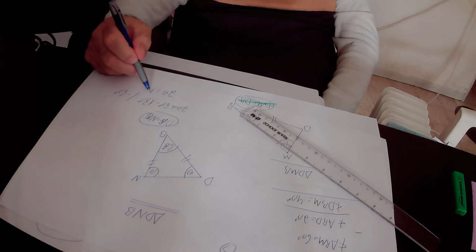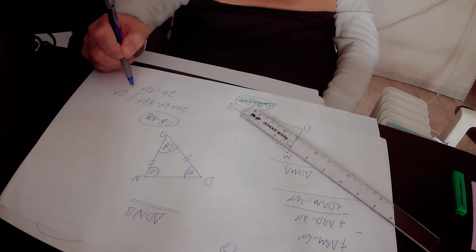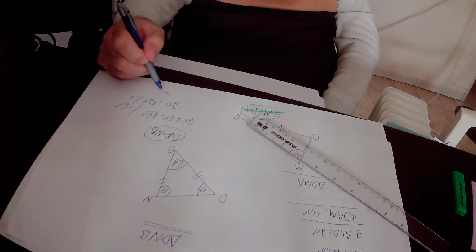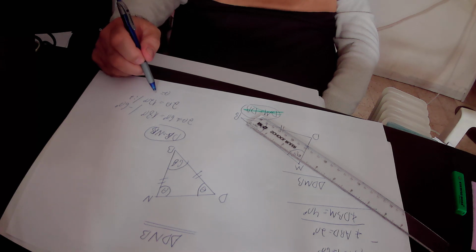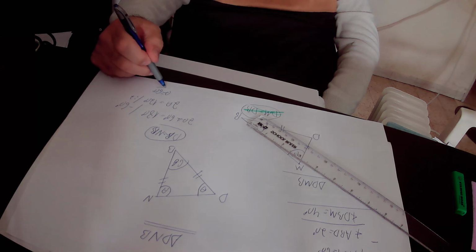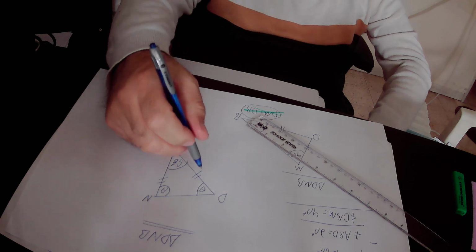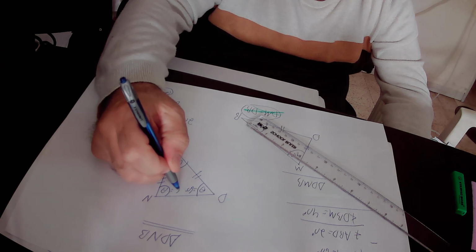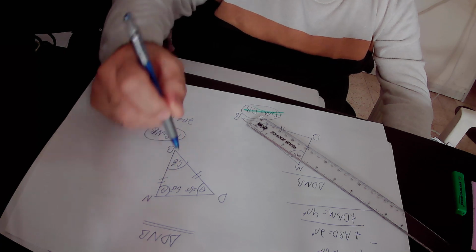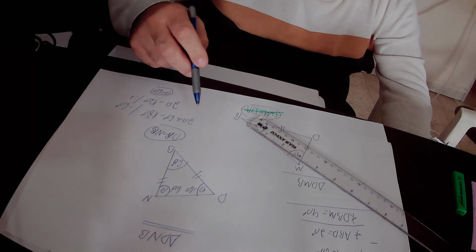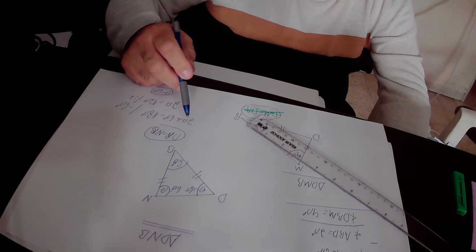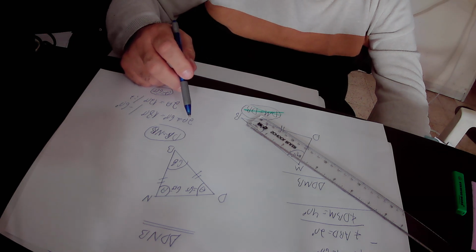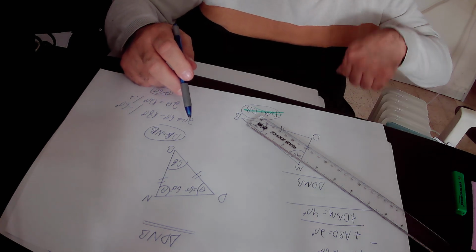We divide this equation by 2, and finally we get that angle theta equals 120 over 2, which is 60 degrees. This angle theta equals 60 degrees, and this angle theta equals 60 degrees. We found out that inside triangle DNB, all three angles are equal to 60 degrees. Therefore, triangle DNB is an equilateral triangle.